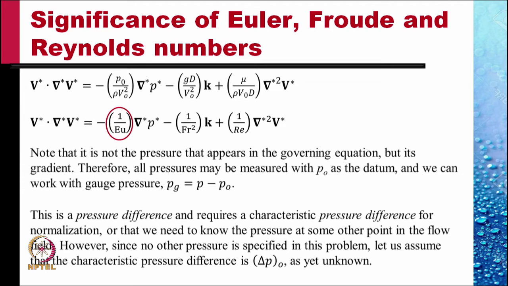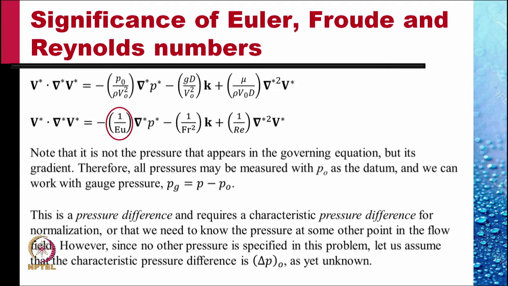To write a characteristic pressure difference, we need pressures at 2 points. However, in this problem, there is only one pressure P naught specified, and there is no other pressure specified.